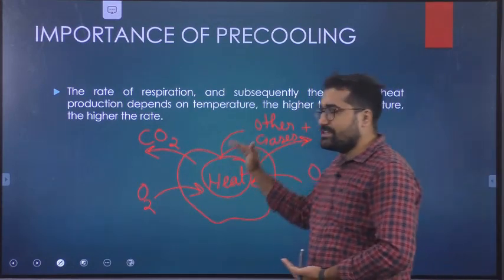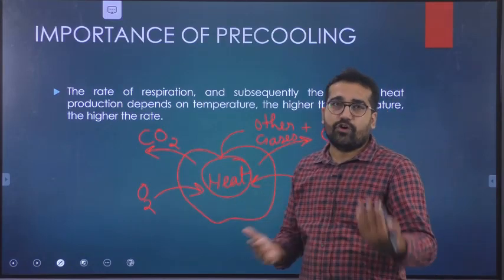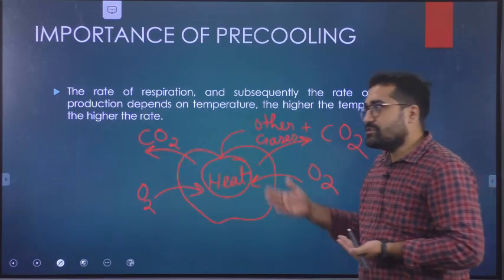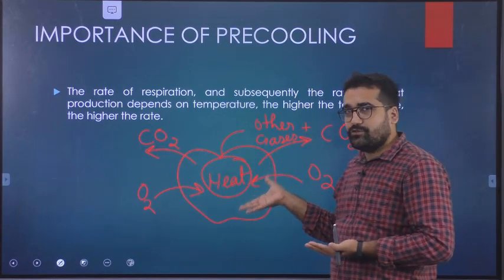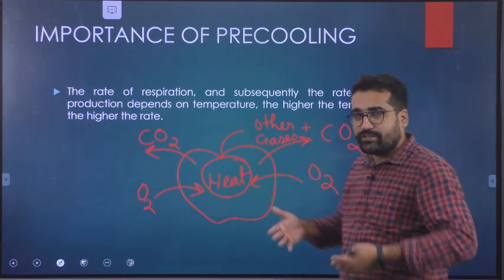If the temperature inside a room is too hot, the respiration rate increases automatically. Suppose we are storing 100 apples in a room, it will increase the respiration rate of the fruit after a certain time.